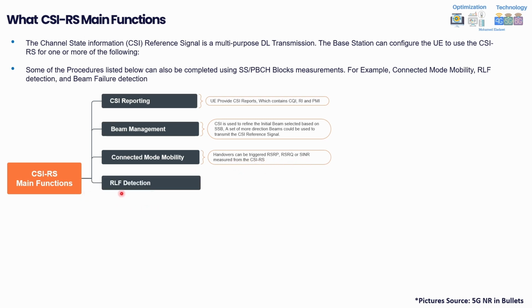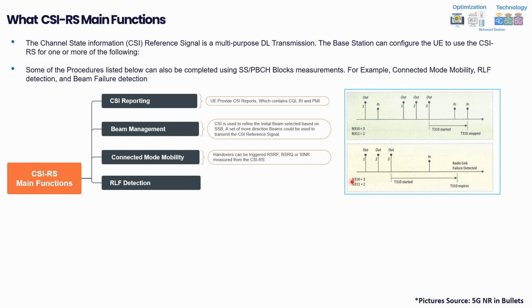Then this part is related to radio link failure or RLF detection. As you know, the RRC is responsible for detecting the radio link failure. The gNB usually sends RRC signaling to configure the UE with a set of radio link monitoring parameters, like timers and counters.